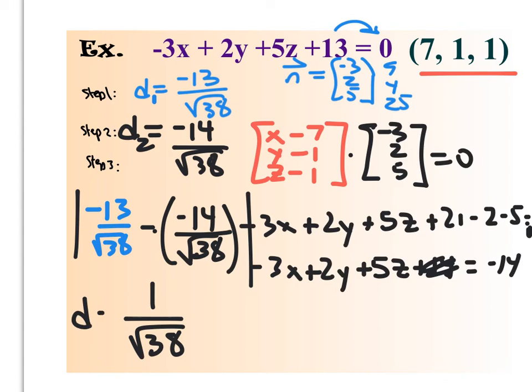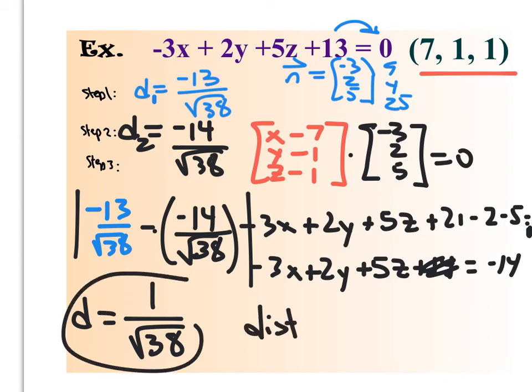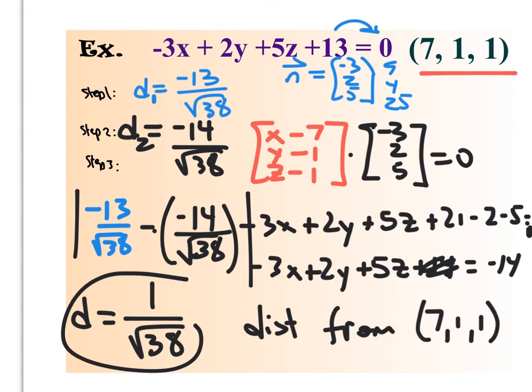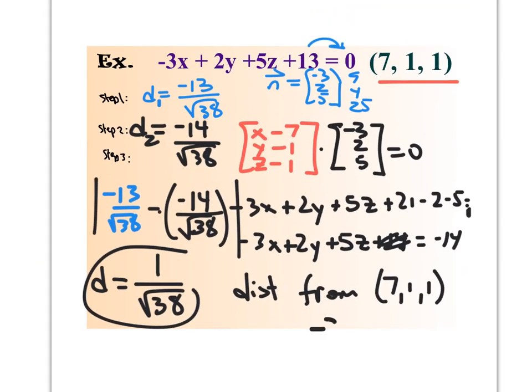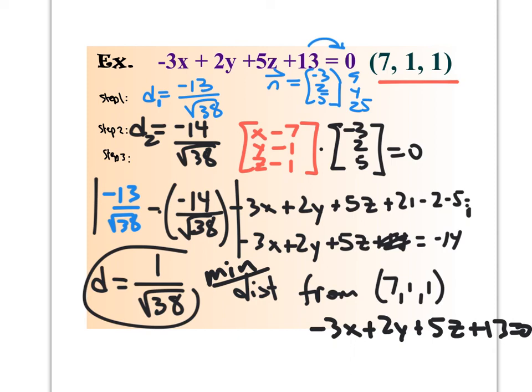That will be the distance from (7, 1, 1) to the plane negative 3x plus 2y plus 5z plus 13 equals 0. Now that will be the minimum distance, the shortest distance from that point to that plane. Hopefully that makes sense. Go ahead and ask questions, and we'll see you soon.